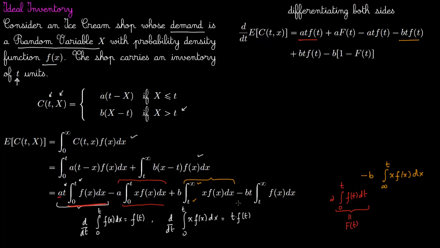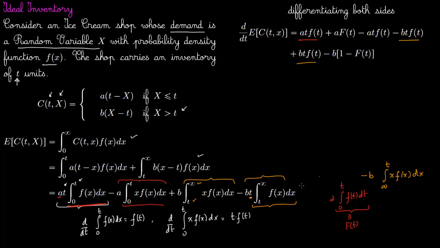Then you have this final part here where again you have minus b of t. So we will rewrite this part. Now there are two parts, two functions of t. You have this function of t and you have this function of t. So you use the product rule. Again you interchange infinity and t and make this plus sign. You get b t f of t.